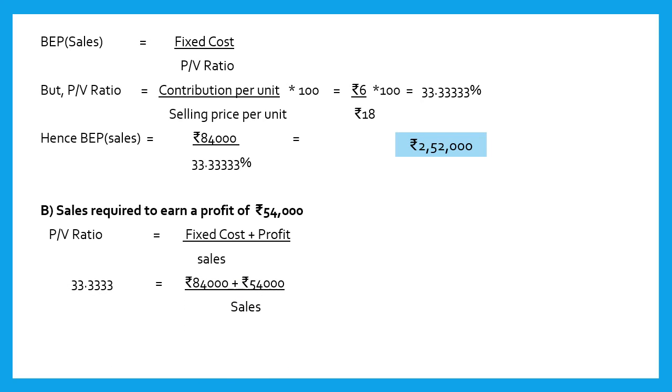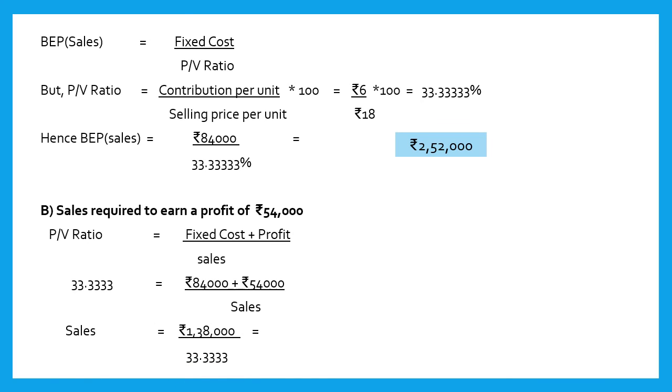We can use the figures, that is just calculated PV ratio of 33.3333 is equal to 84,000, which is our fixed cost, plus the desired profit of rupees 54,000 upon sales, because we have to calculate sales.